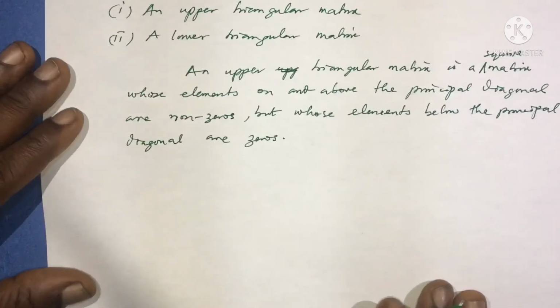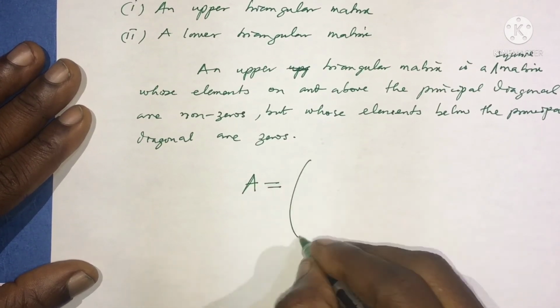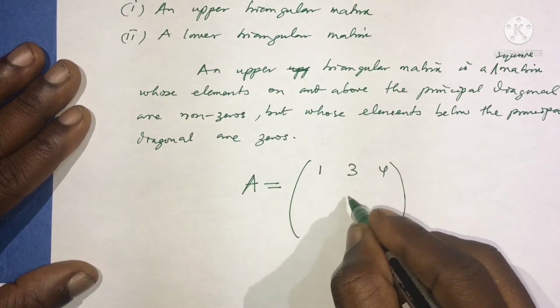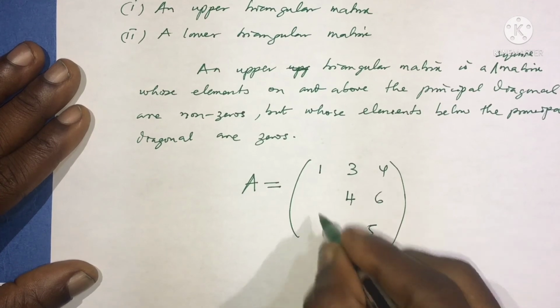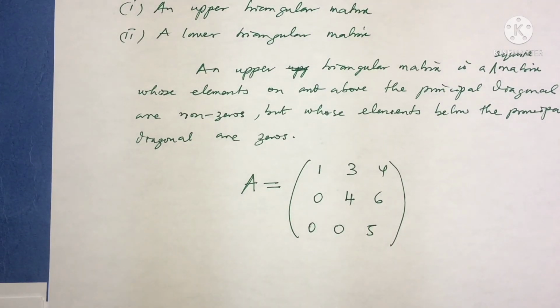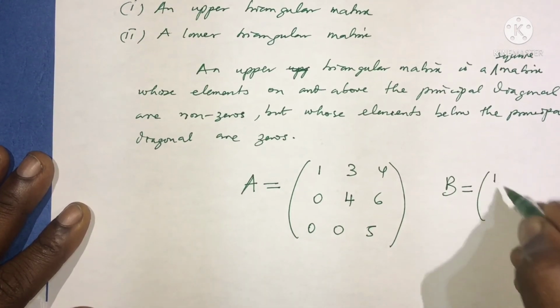So what that means is that examples of triangular matrices will be these. Any matrix that has this feature is a triangular matrix. So similarly, this is also a triangular matrix.